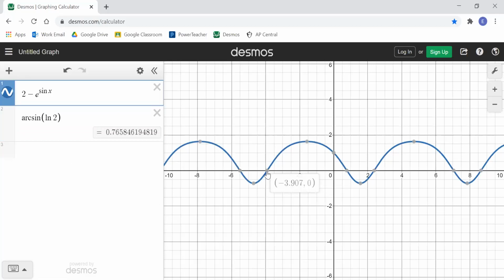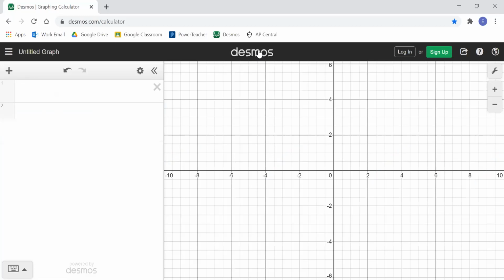And if I subtract 3 pi over 2 from it, I should get that value. So anyway, that's that one.